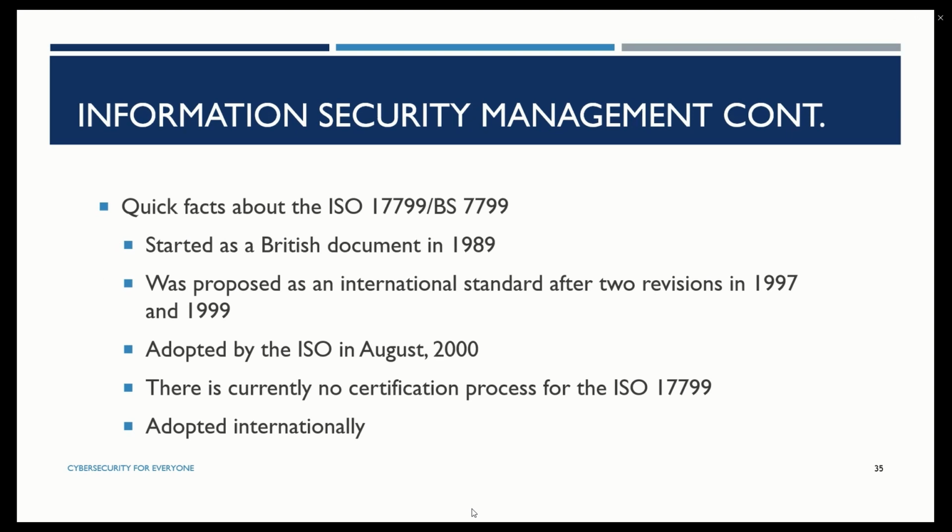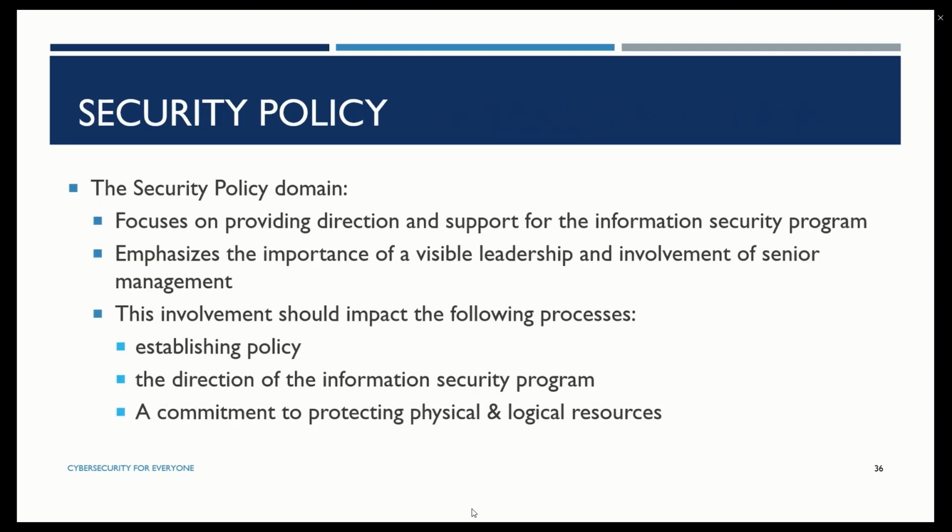So ISO 17799, BS 7799, started as a British document in 1989 and was proposed as an international standard after 2 revisions in 1997 and 1999. When we're looking at domains, we have the security policy domain, which focuses on providing direction and support for the information security program.